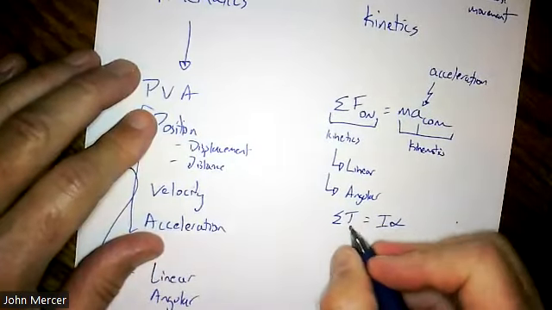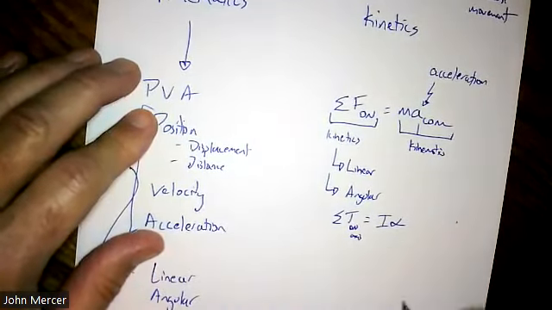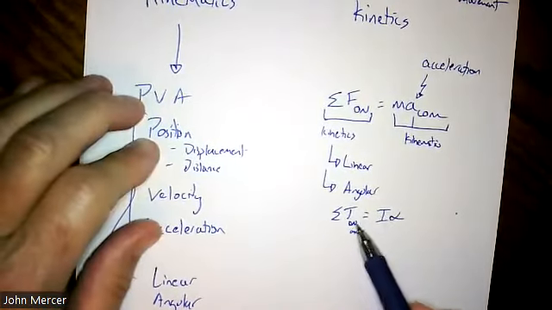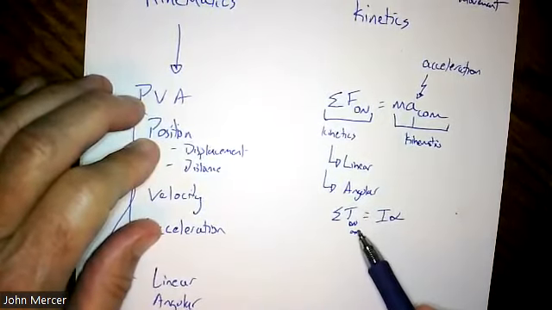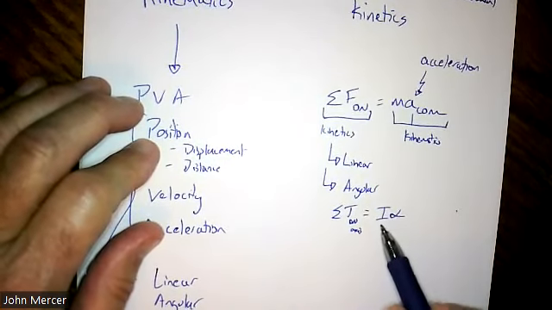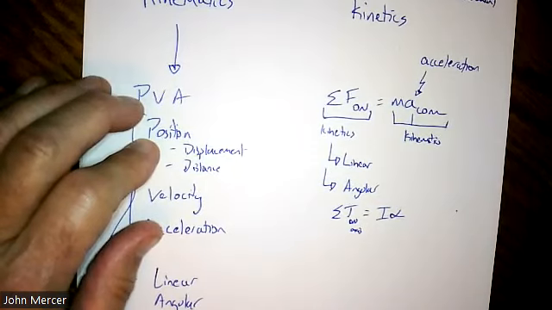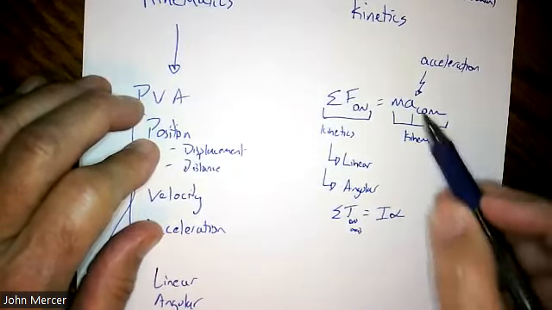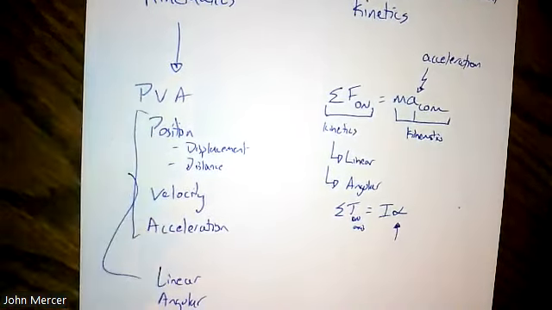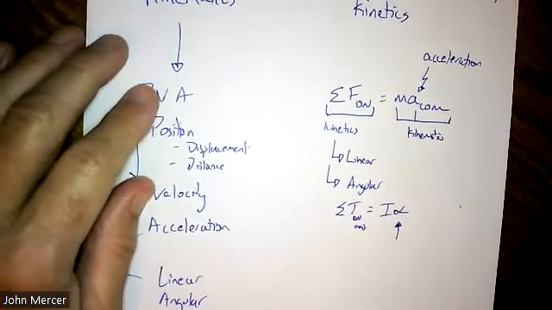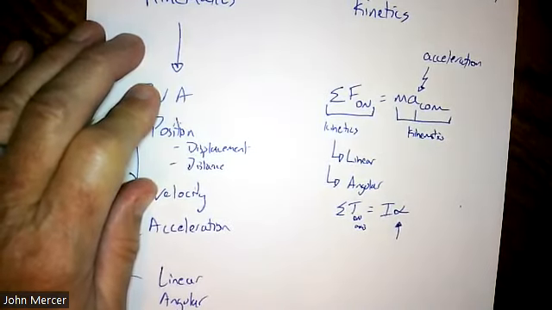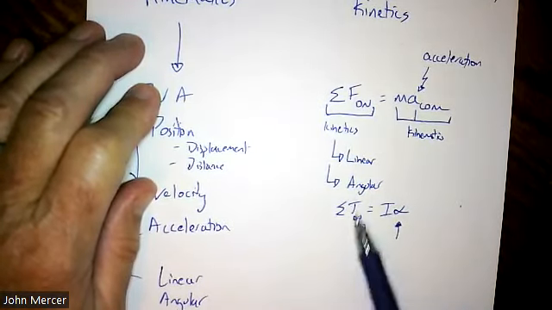So all the torques acting on the object about some axis of rotation, and I'll get more into torque later on, is the measure of the tendency of a force to cause rotation. Moment of inertia is analogous to inertia just in the angular sense, and we'll go through this parameter in more detail, but it's resistance to change angular motion. And then finally we have our angular acceleration, which we should recognize from the angular kinematics section of the course. Now we see this equation is in essence the same equation, just in the angular world versus the linear world.